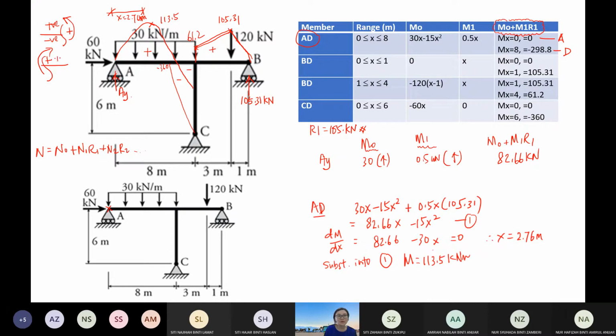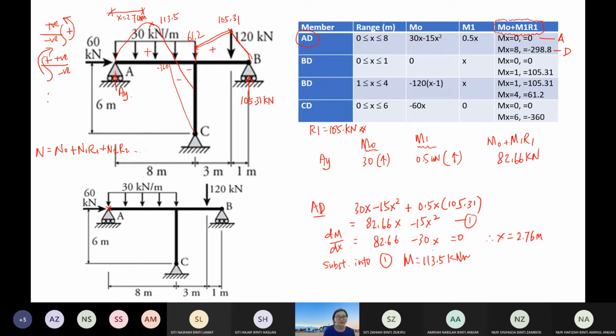Similarly for this right side. This is for the horizontal member. How about for the vertical member? You need to decide which is the positive side and the negative side. It depends on how you look at it.